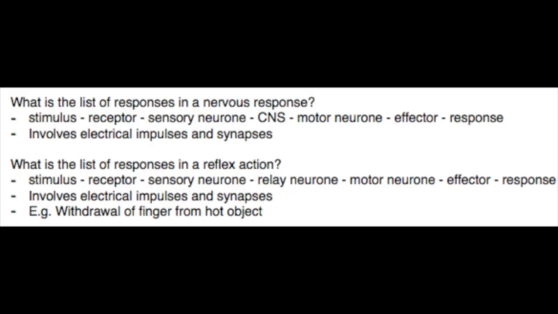Your receptors would be on your fingers, which would receive that information about it being too hot. Electrical impulses would then flow along your sensory neuron to your relay neuron this time, so we're not involving the conscious part of our brains. The electrical impulse passes along the motor neuron to your effector, which will be a muscle in your finger, which contracts to remove your hand or your finger away from that heat source.